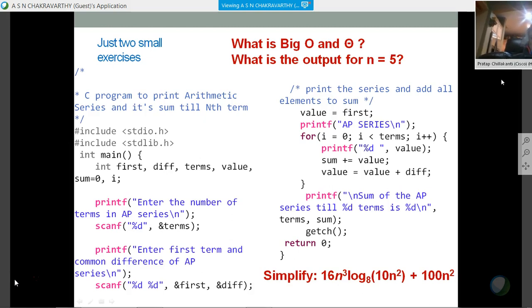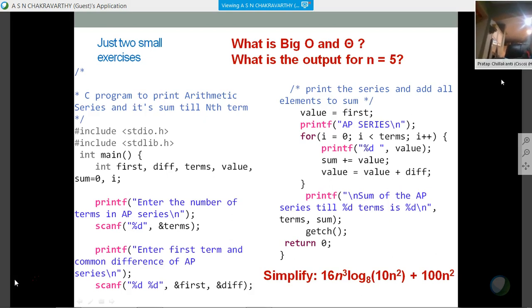Then you do for i equal to 0, i less than number of terms, that is 5, i plus plus, so you go through that. So you get 1, 3, 5, 7, 9 added. That is arithmetic progression.